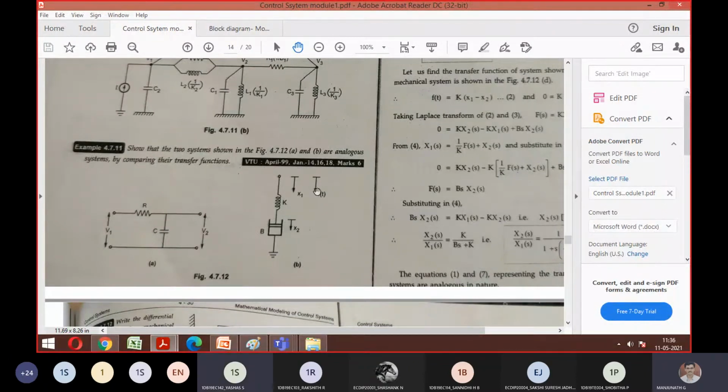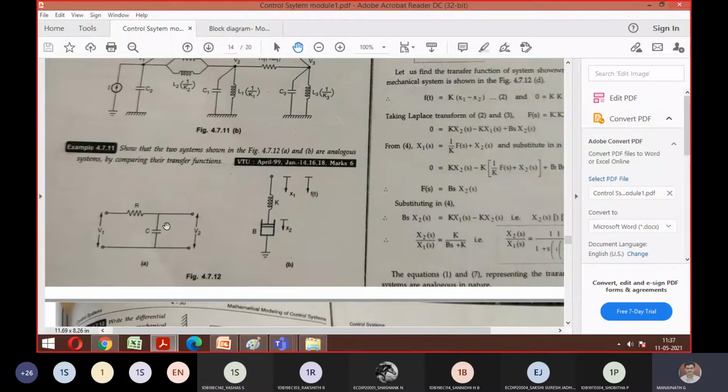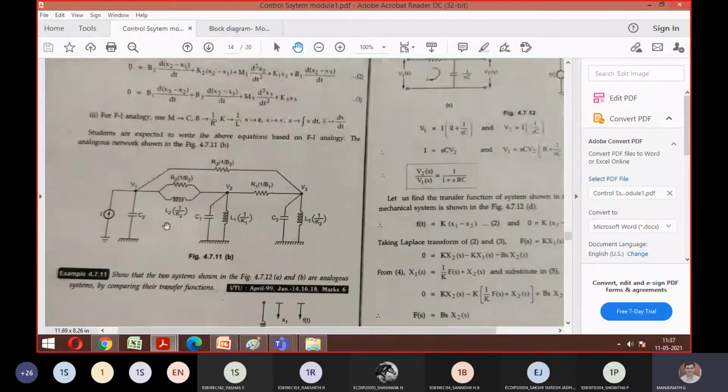That's all, only force. Agree? Yes, sir. This K lies between x1 and x2. And only for x2 is this dashpot. Am I clear? Yes, sir. So you represent the diagram the way we write a physical system and mention the Laplace. That is your first step to be followed in this type of problem.